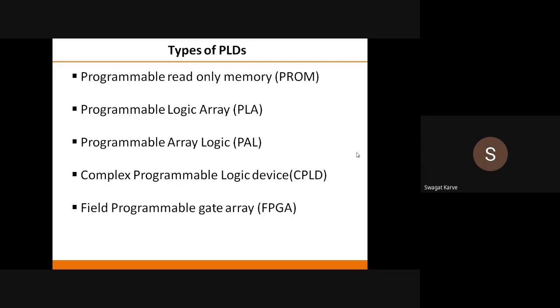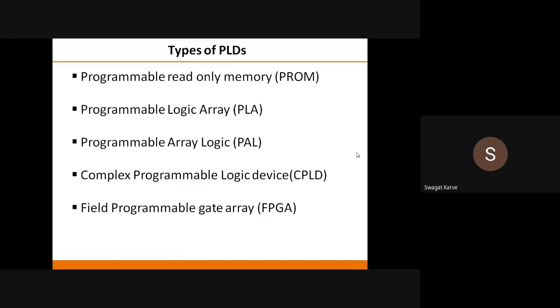The third one is a PAL, that is programmable array logic. The next one is a complex programmable logic device, that is CPLD. It's a PLD only, but with increased complexity. That means it has a more complex structure or more complex design than the normal PLD.